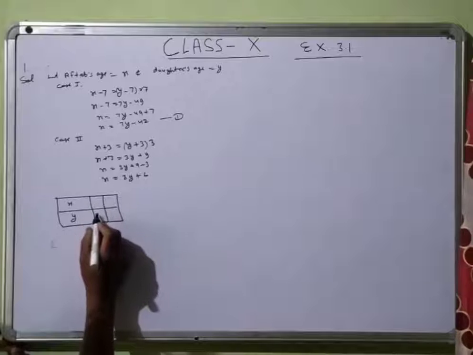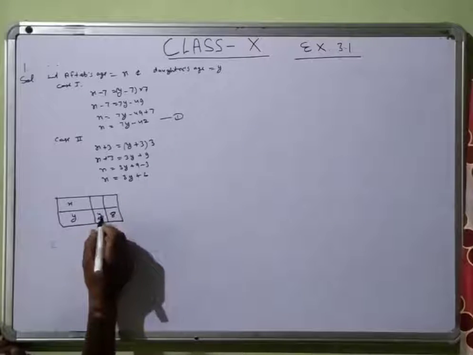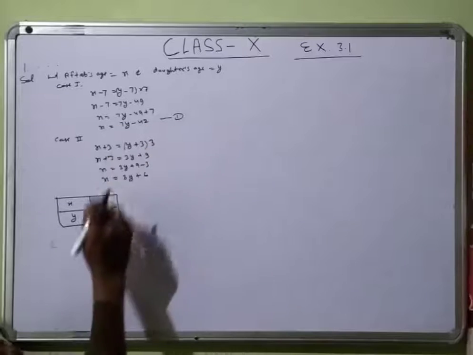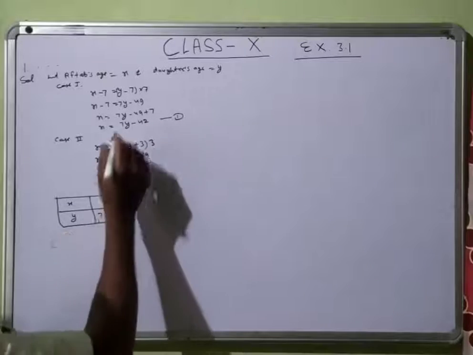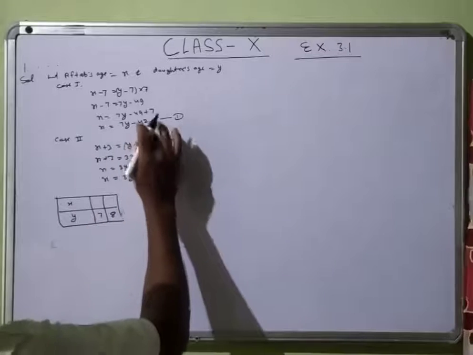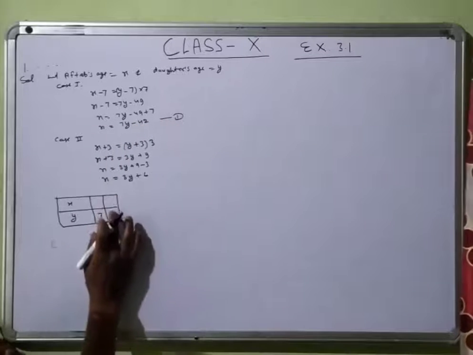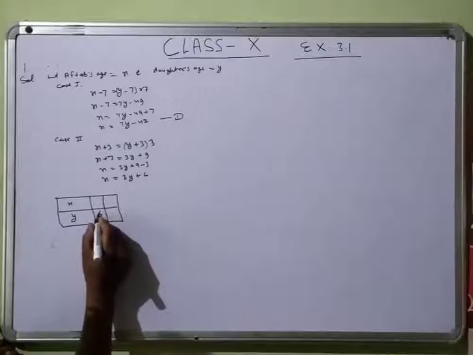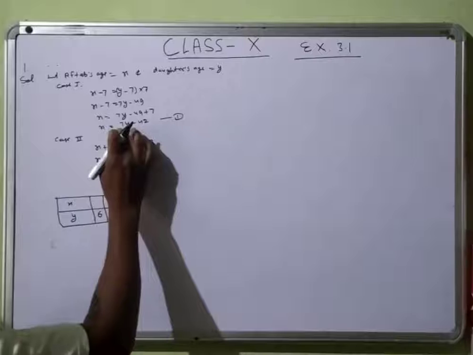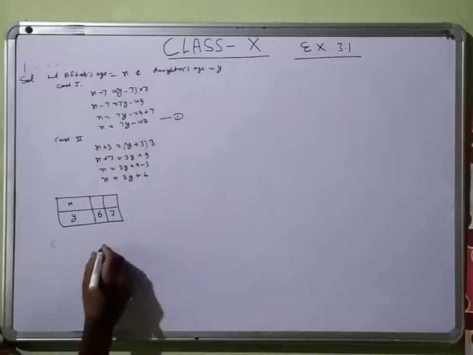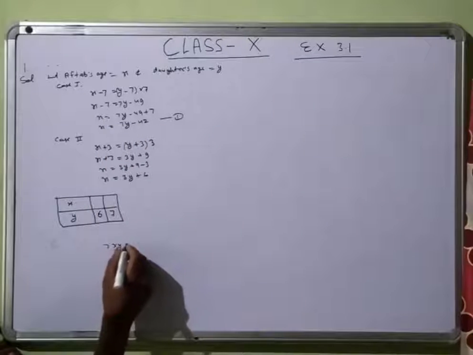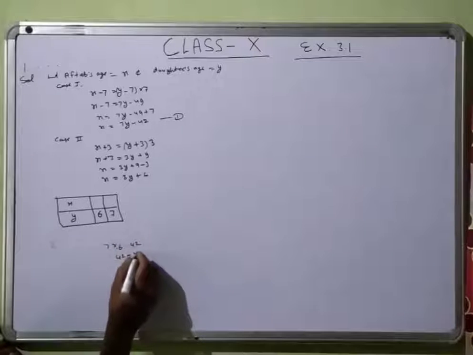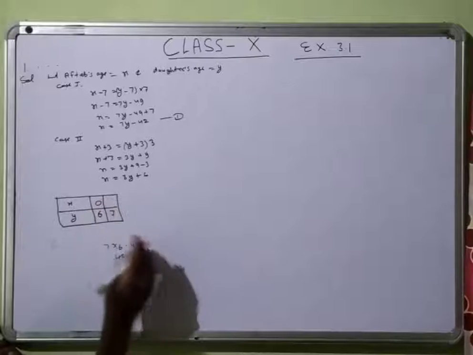We can take the y value as 7, 8. For the first equation we have taken 7, so 7 times 7 is 49. Or we can take 6, 7 times 6 is 42. This is better. Like this you can take 6 multiply y, 6 times 7 is 42. So 42 minus 42 will be 0.